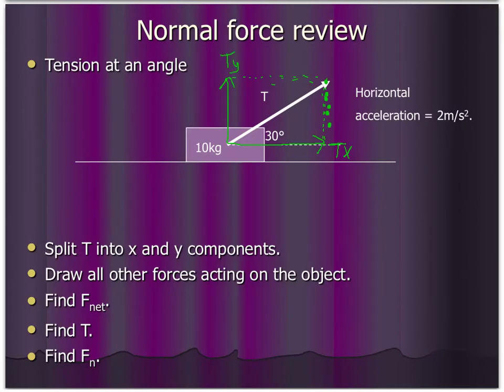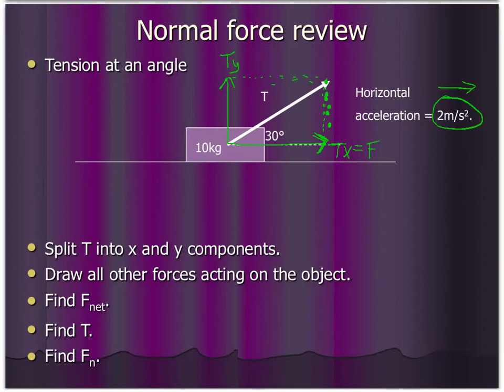Now, I know that I've got an acceleration of 2 meters per second squared, right? And that acceleration is going to be in that direction. Again, remember, what causes an acceleration is a net force. And so what that tells me is that Tx, or that horizontal component of the tension in the rope, is going to be what causes this 10 kilogram object to accelerate.